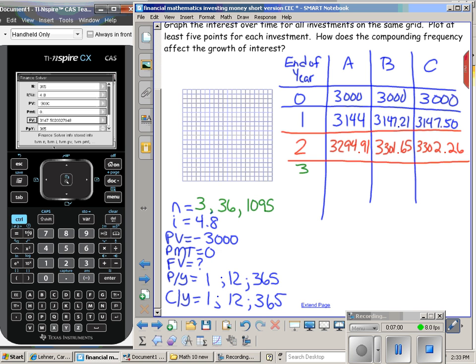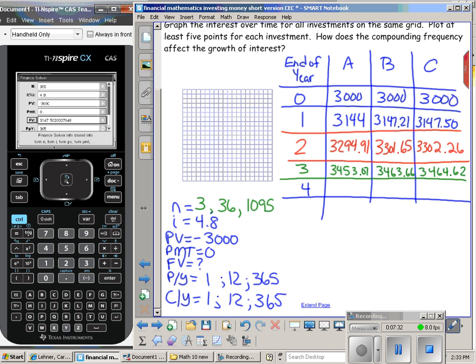So you'd have to enter those values into your N each time and look for your future value. $3,453.07, $3,463.66, $3,464.62. Again, options B and C are staying relatively close, but option A, where you're compounding annually, is starting to fall behind. It's only $10, but we're only on year 3.